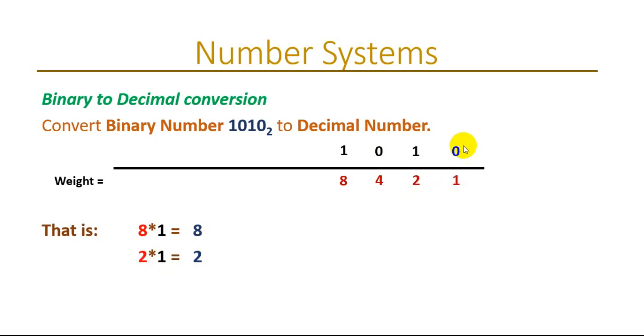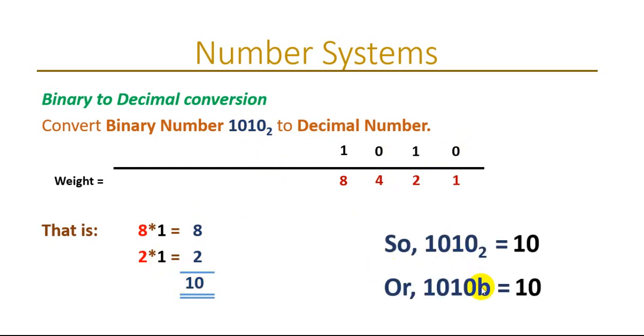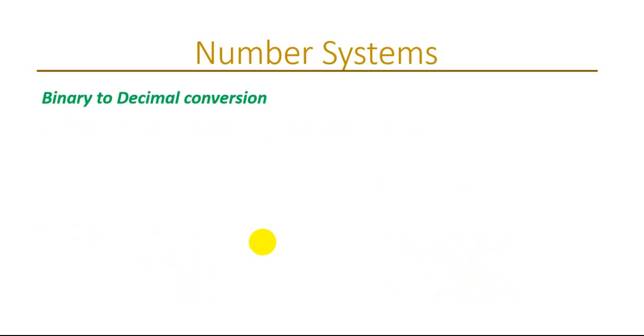This is 0, so we don't need to represent this or this, because both are zeros. You add this up and the answer is 10. So the binary number 1010 represents the decimal number 10. You can write it like that, or with the B. Understood? Now let's take a look at another example.